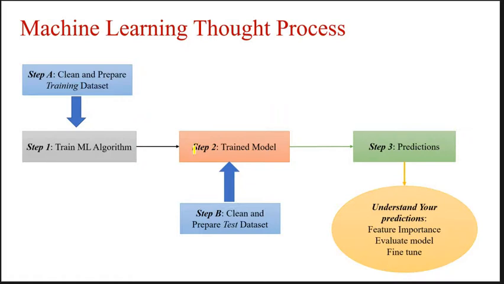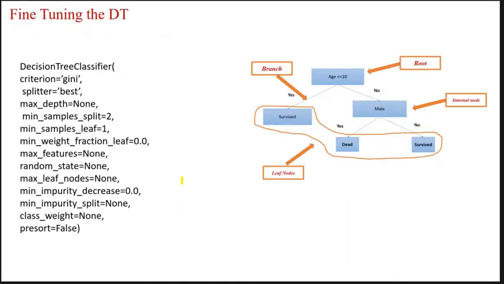So we have the decision tree classifier. So you've seen this. So these are all the default values, and again, you can go to the scikit-learn website and see a detailed description of all these parameters.